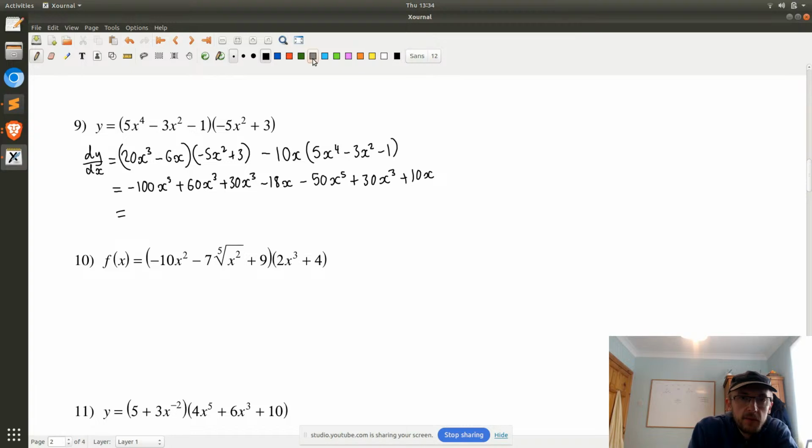And now to gather everything. Fifth powers, there and there, and put them together, and we get negative 150x to the 5.